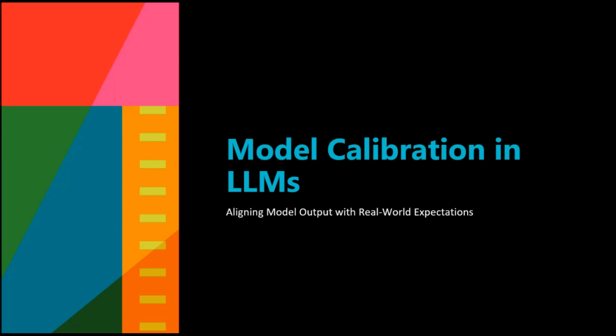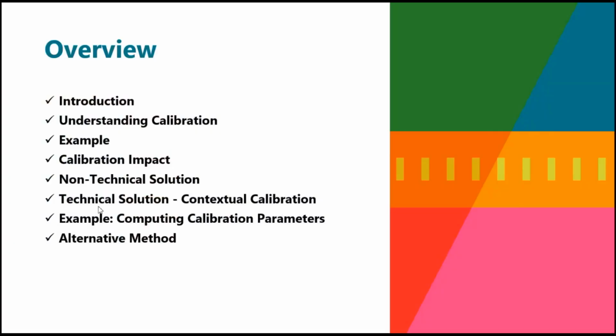So we will be discussing model calibration in large language models and why it is important. Let's break it down. In this presentation, we will start by explaining what model calibration is and why it's a big deal, especially for these large language models.